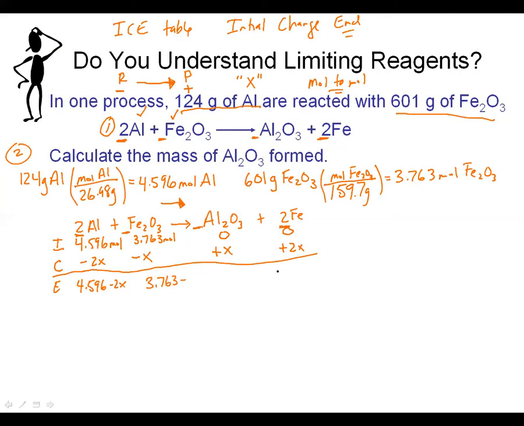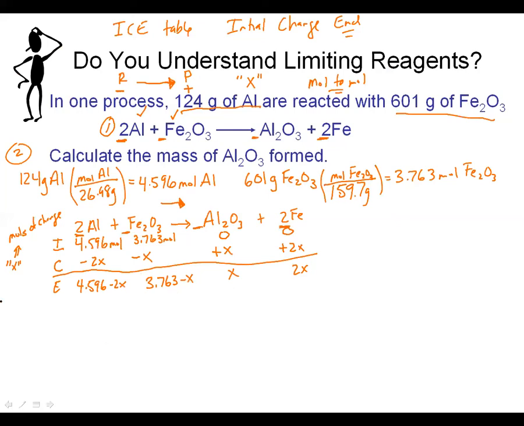This is going to be x, and this is going to be 2x. And remember that the x in this case really represents the moles of change. So the x represents moles. That's why these are in moles, so everything cancels out correctly. All right, any questions first off on the table here?